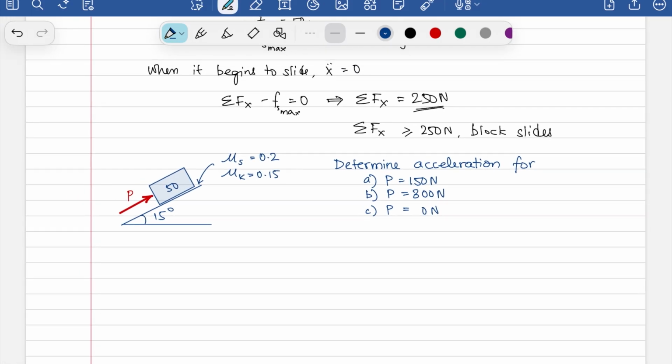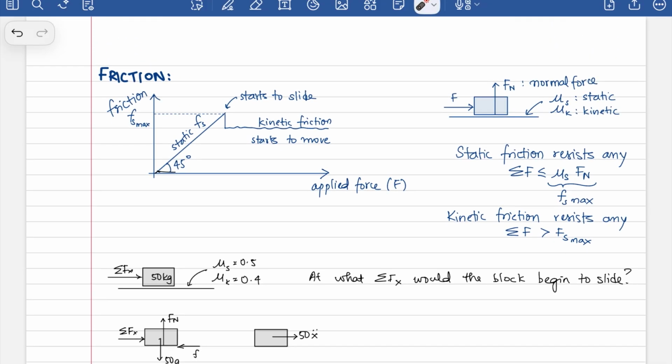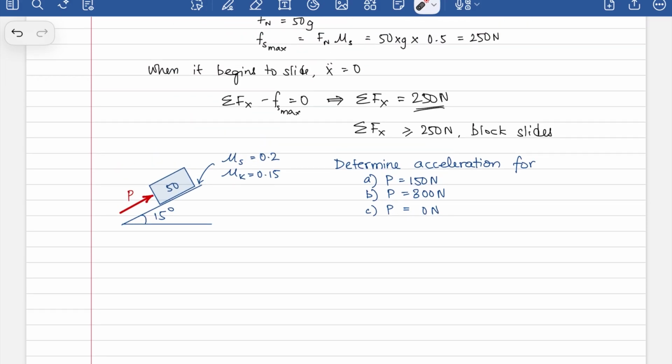Okay, so try solving this yourself. Remember that the nature of how friction behaves is nonlinear. It is not a continuously straight line. It is straight up to a certain point, after which it drops and then it's constant. Okay, this is how friction behaves. So try this yourself. It's an interesting problem.